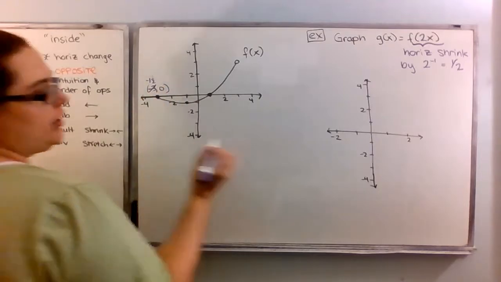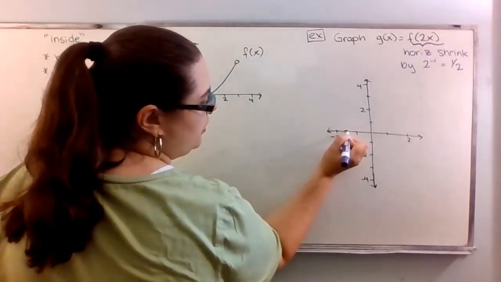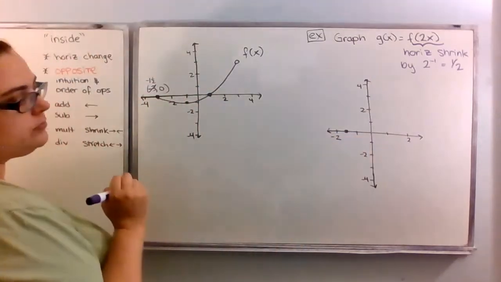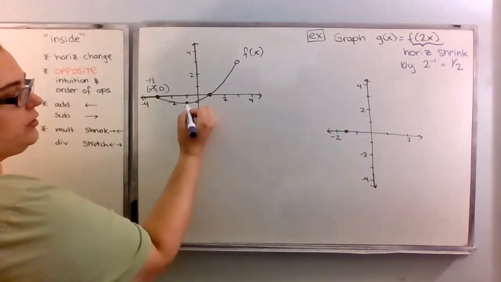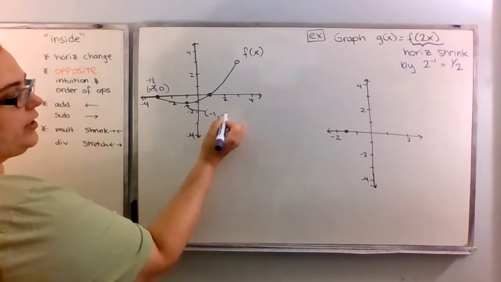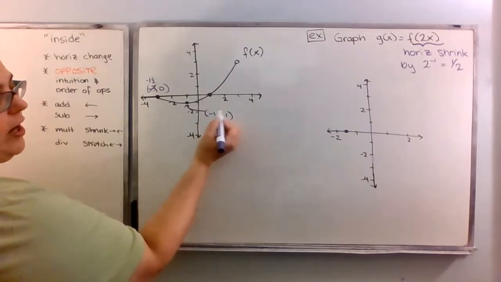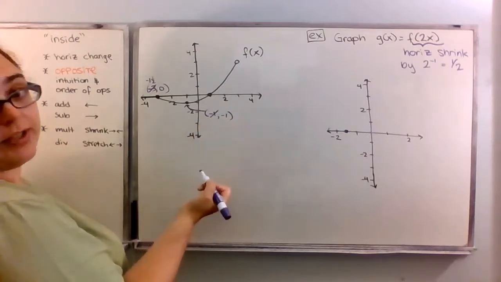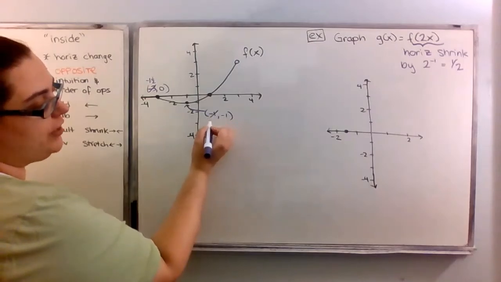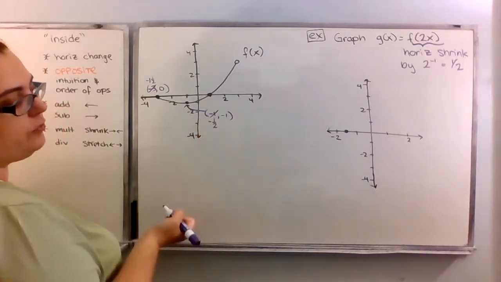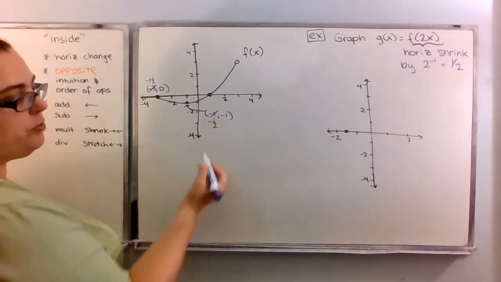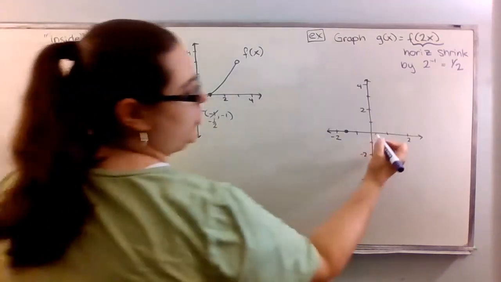So my new point is -1.5, 0. For this point here, which was at -1, -1, we're going to keep the y value the same, but the x value gets cut in half. So half of -1 is -1/2. So our new point is -1/2, -1.